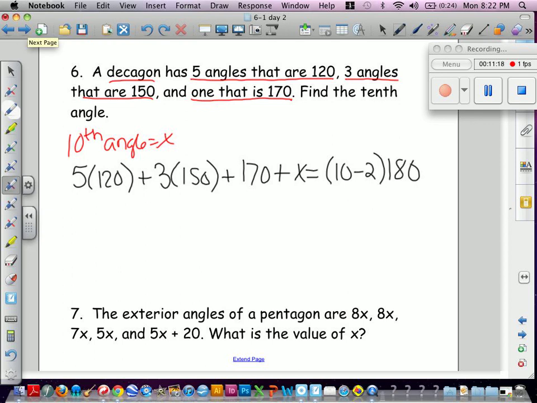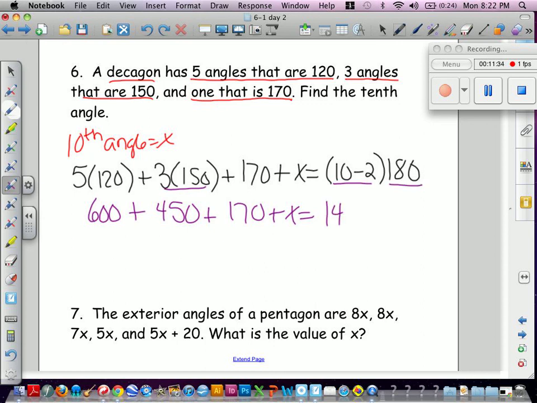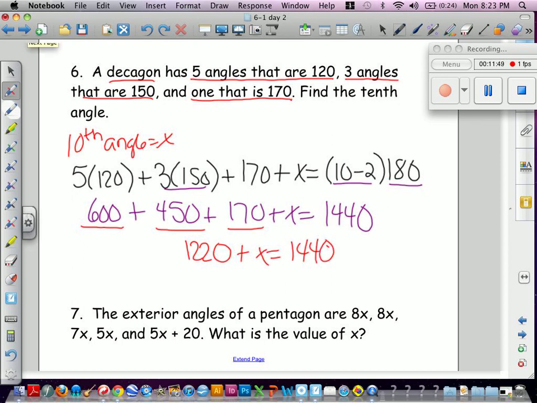Once again, 5 times 120 is 600. 3 times 150 is 450. 170, x. 8 times 180 is 1440. 600, 450, and 170, when I add them up, I get 1,220 plus x equals 1440. Minus your 1,220, x is 20.